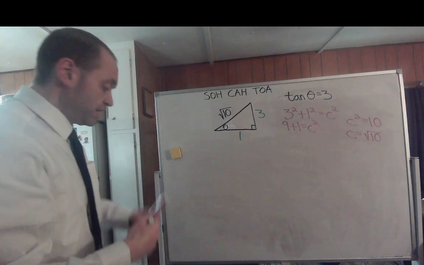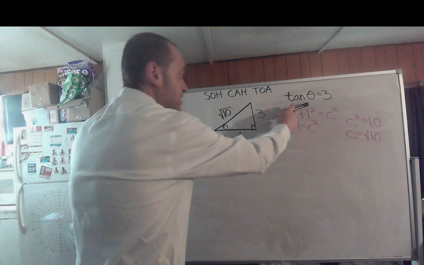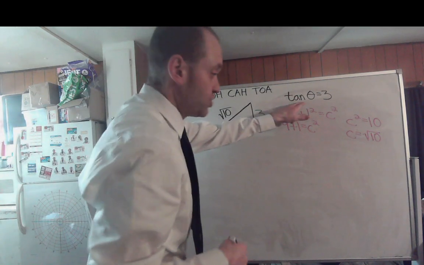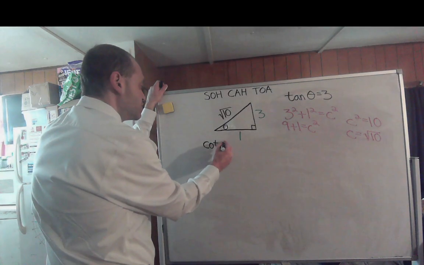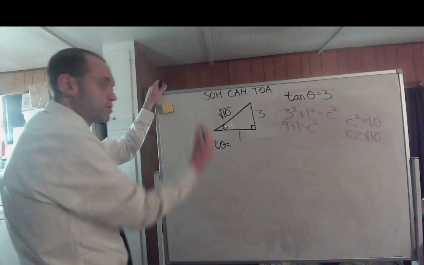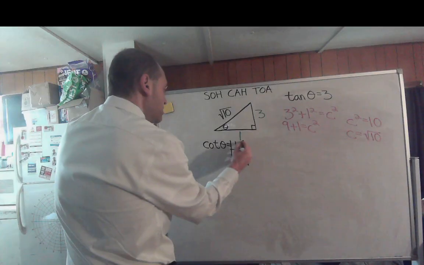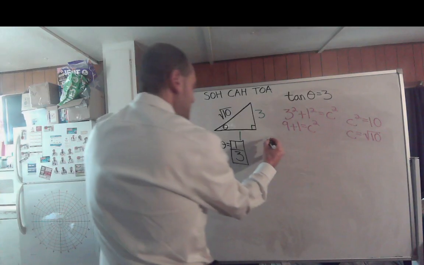Alright, now that we know the value of all of our sides and we know one trig function, let's find the other 5. Since they gave us the tangent, we could pretty easily solve for the cotangent of theta. Since it's just the reciprocal, the reciprocal of 3 is going to be 1/3. So the cotangent of theta is 1/3. Now let's go for the sine of theta.